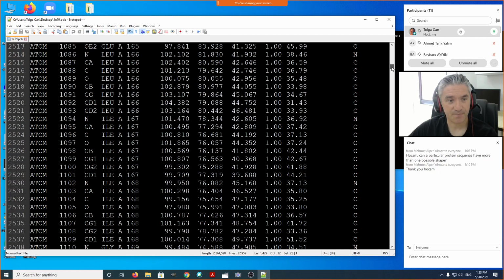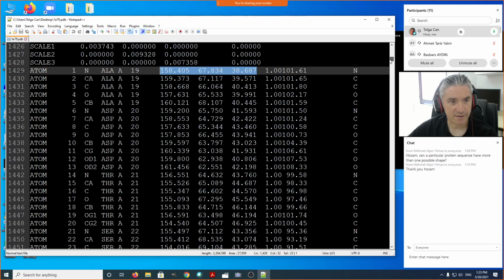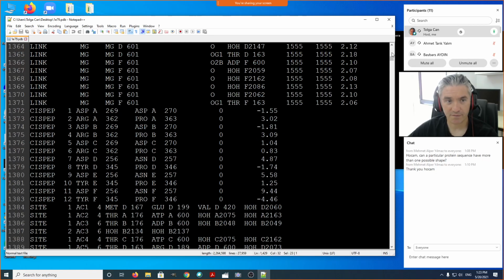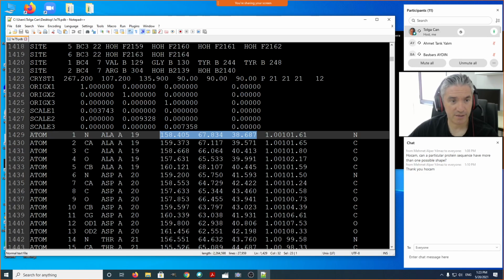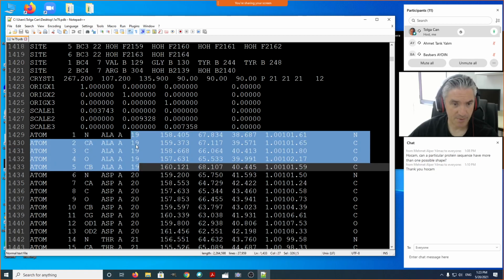Thousands of atoms. And these are atom IDs. Let's see how many atoms we have, ignoring the hydrogen atoms. This is atom number 1. Oh, by the way, this is amino acid number 19. It tells you that we don't have any affirmative position for the atoms of the first 18 amino acids.